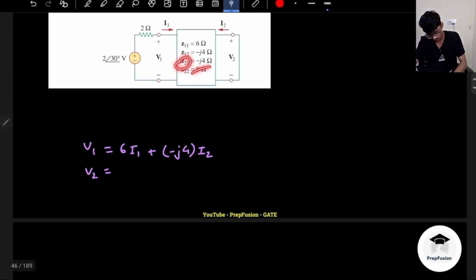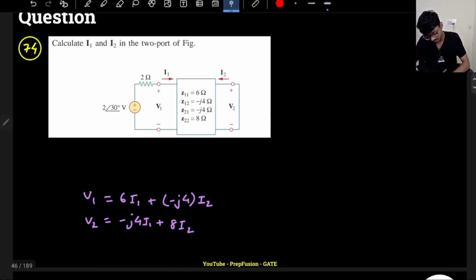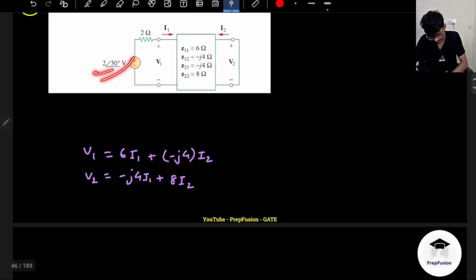Z21 will be with respect to I1 only for V2, plus 8 of I2. So these are my equations. What are they asking? They're asking me to find the port currents I1 and I2. Because there is some voltage given, I will be able to find out the port currents. Can I apply a KVL here?